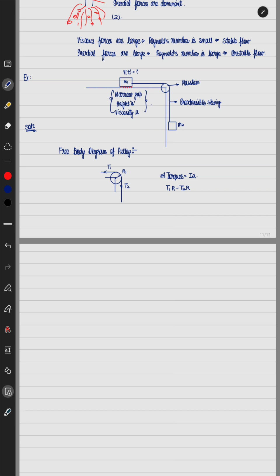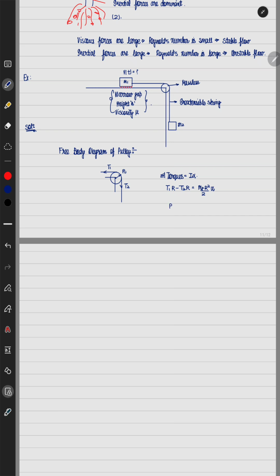This is equal to moment of inertia I, which is given by mass of the pulley into R square by 2. This you can find in any physics book: the moment of inertia of a circular disc about the axis passing through the center is mR square divided by 2, multiplied by alpha, the angular acceleration.